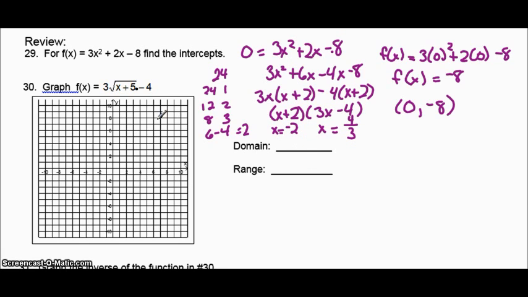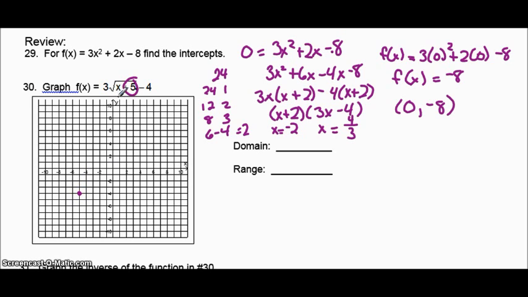Okay, alright, so graph f of x equals 3 times square root of x plus 5 minus 4. Okay, if you think back, this plus 5 means we've shifted over 5, and this minus 4 is down 4. So if we go over 5 from the origin and down 4, we're going to be here.